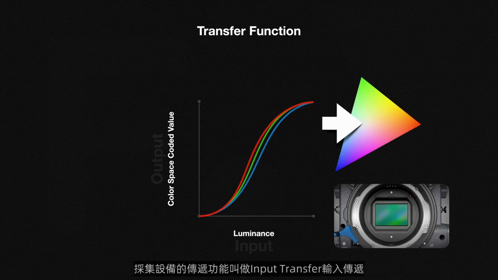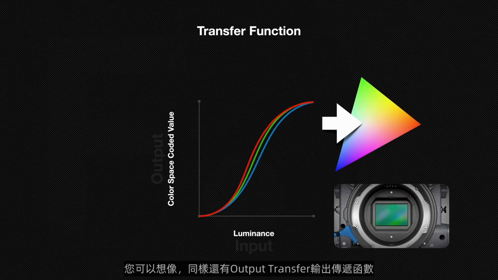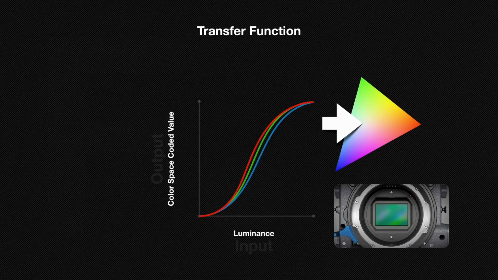The transfer function for a capturing device is called input transfer, and as you can imagine, there are also output transfer functions designed to convert the values of an image for a target display. Same process, but the other way around.